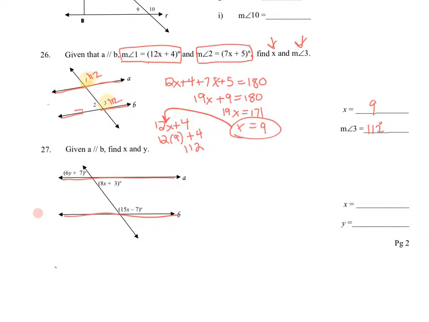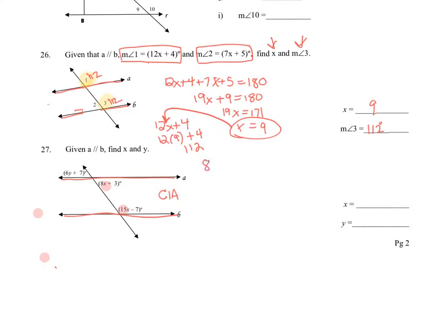If I look at this angle here and this angle here, I would know that those angles are consecutive interior angles, and therefore would have to be supplementary and equal 180.